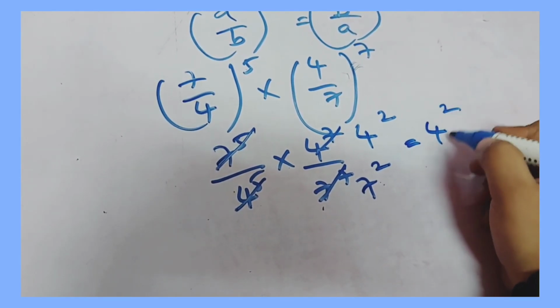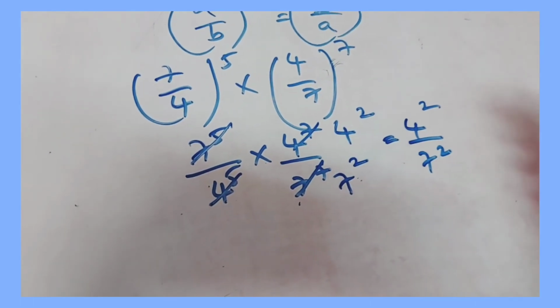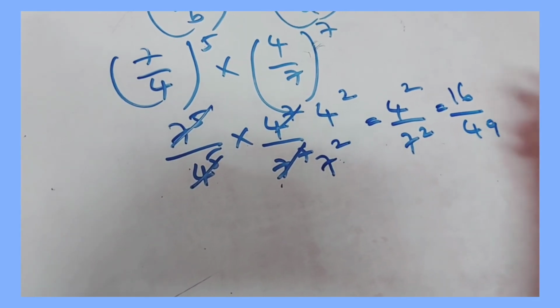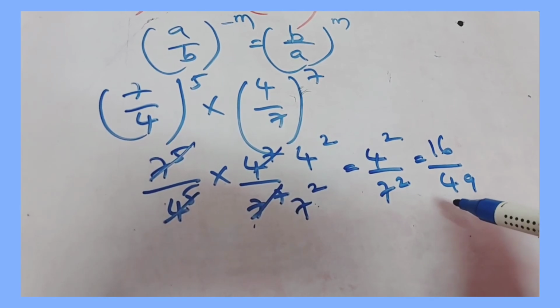So 4 power 2 by 7 power 2. So 4 4s are 16 by 7 7s are 49. So the answer is 16 by 49.